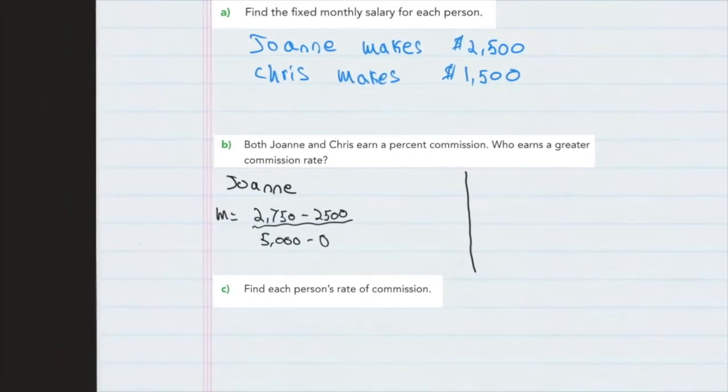Let's go back to our problem. Okay. When I do this subtraction, I get 250 over 5,000. And as a percentage, or as a fraction, that's 1 over 20. And it says percent commission.